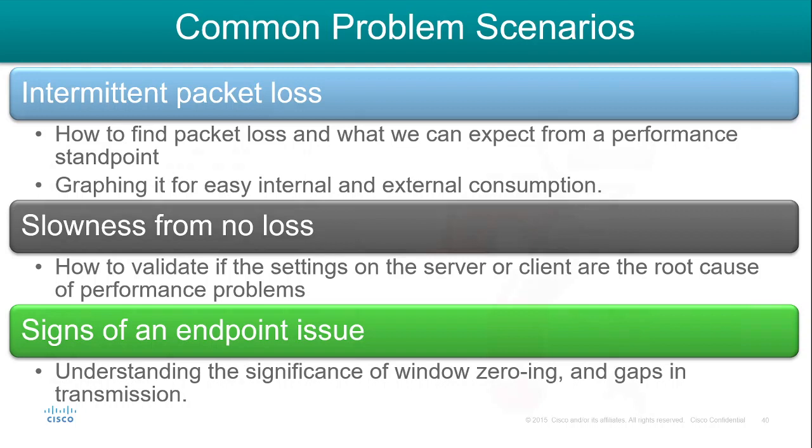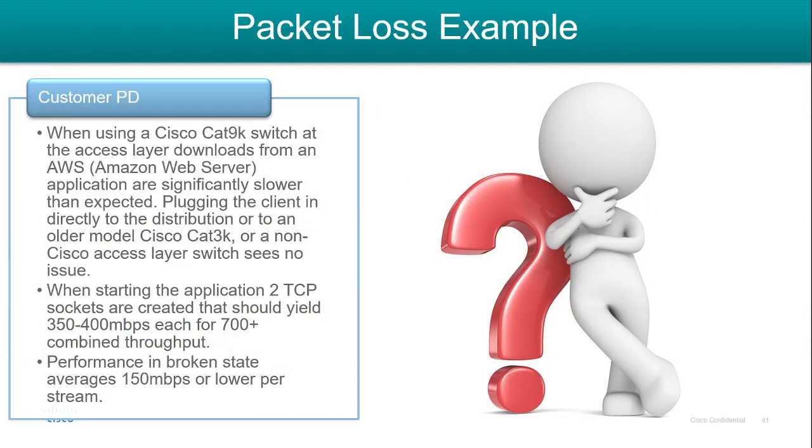So let's go ahead and get started with our intermittent packet loss example. As I said earlier, this was a real case where a customer migrated from Catalyst 3Ks over to Catalyst 9K switches, and they noticed after the migration, anytime one of their clients tried to download some files from AWS, their Amazon Web Server, the download was significantly slower than expected whenever they used the Cat 9K.